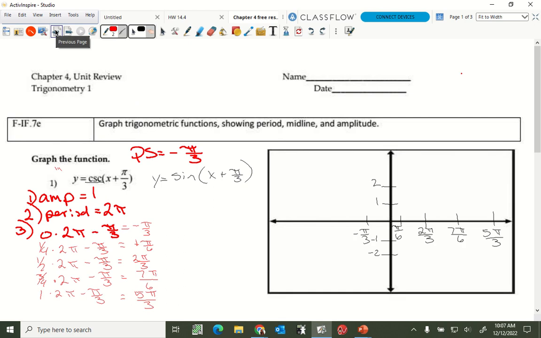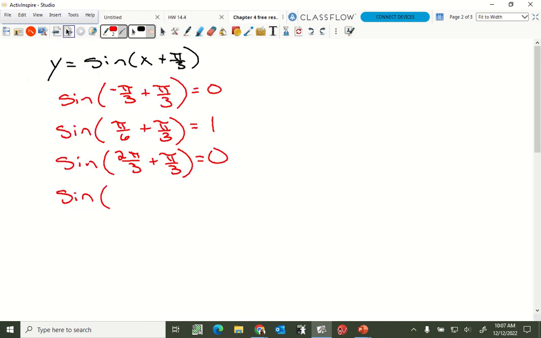Something over 6. 7 pi. So that's going to give me 9 pi over 6. So 9 pi over 6 will reduce to 3 over 2. 3 pi over 2 is straight down on my unit circle. So the y value straight down is going to be -1.